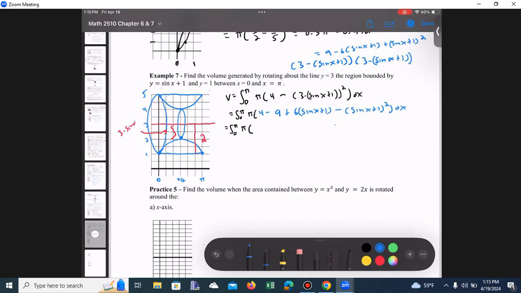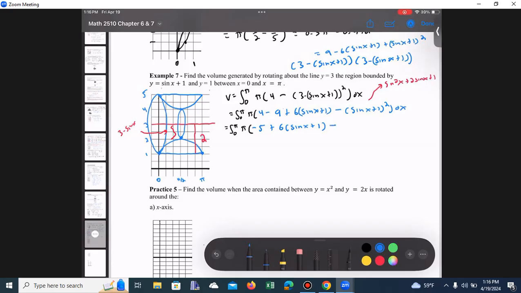And now we have to FOIL the sine of x plus 1 out. Right, so we'll put some of this together. So negative 5 plus 6 sine of x plus 6. And then when we FOIL this out here, we'll get sine squared x plus 2 sine x plus 1.